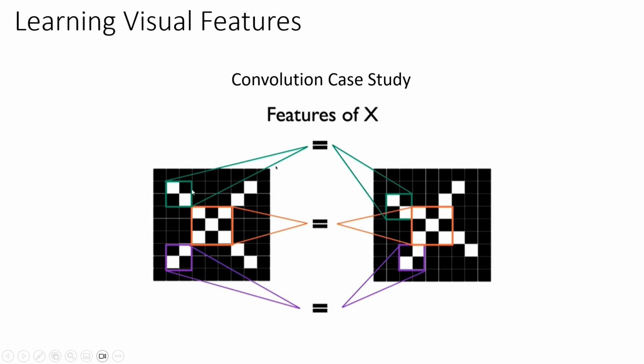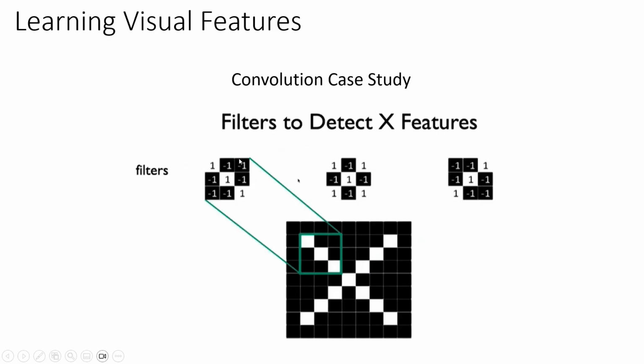If we convolve the image with something like this, as in this one, for example, this is the filter to find this structure. If you convolve this image with this filter, this part of the image will be giving a high value.